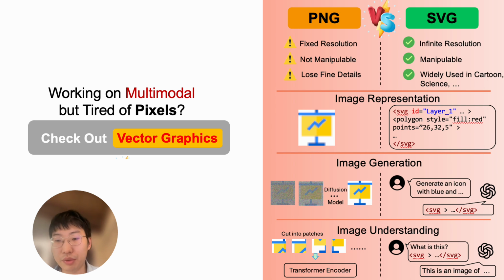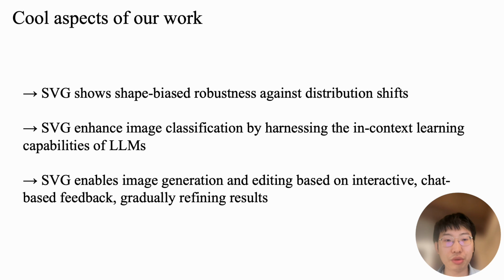But again, for SVG, we can use an LLM to do dialogue-style image understanding. In this paper, we will show several cool aspects of SVG, including shape bias robustness, enhanced image classification, and also interactive image generation and editing capability.